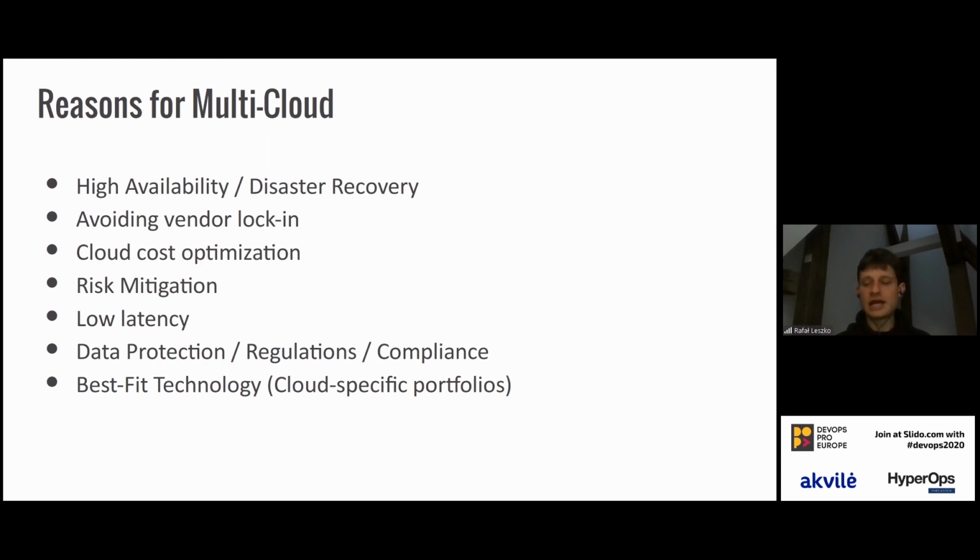This will also help you with cloud cost optimization, because if you are already deployed on AWS and GCP, guess what? You can negotiate the price better. The prices of GCP and AWS are not the same for me as for big enterprises, which usually use multi-cloud. They can really negotiate the price. And the same is with risk mitigation: they use a different cloud provider, because if for some reason AWS cannot work anymore in Asia or something, they can still move to GCP.